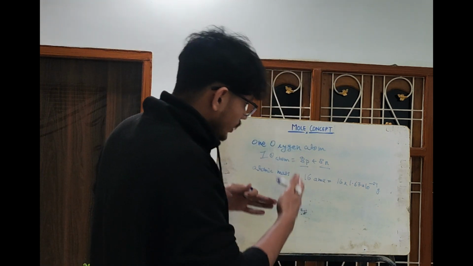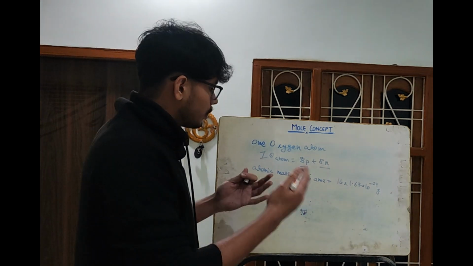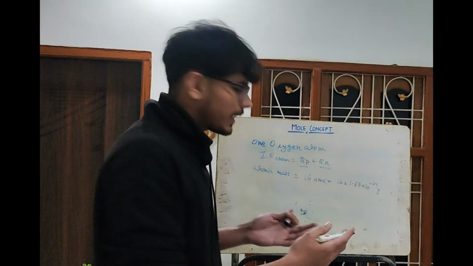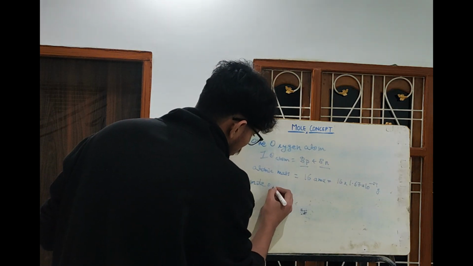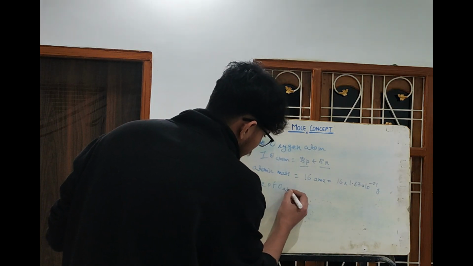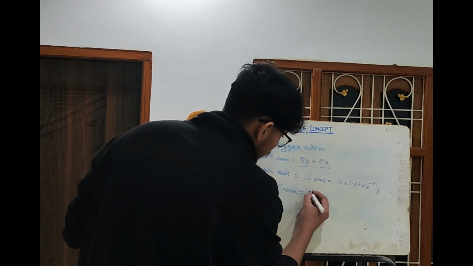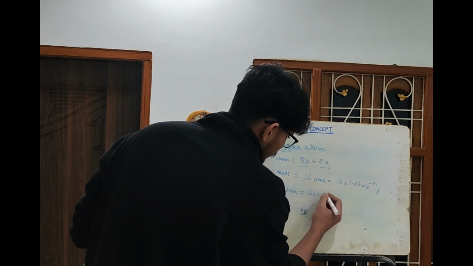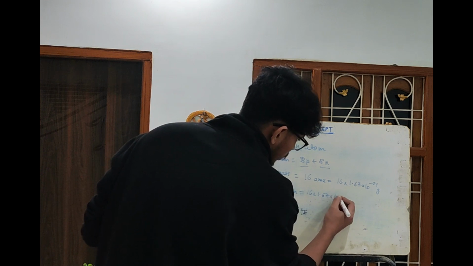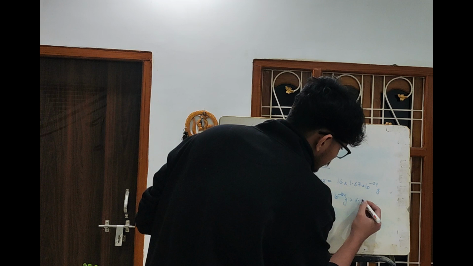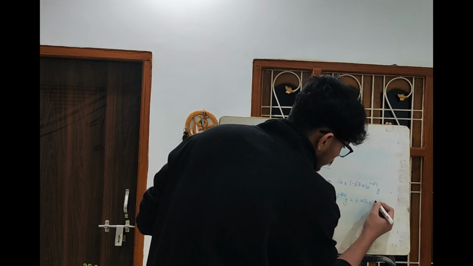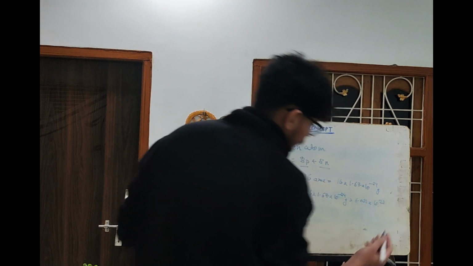Now if you want to find out the weight of 1 mole of oxygen atoms, we will say 1 mole of O atoms will be 16 times 1.67 times 10 to the power minus 24 grams times 6.022 times 10 to the power 23.